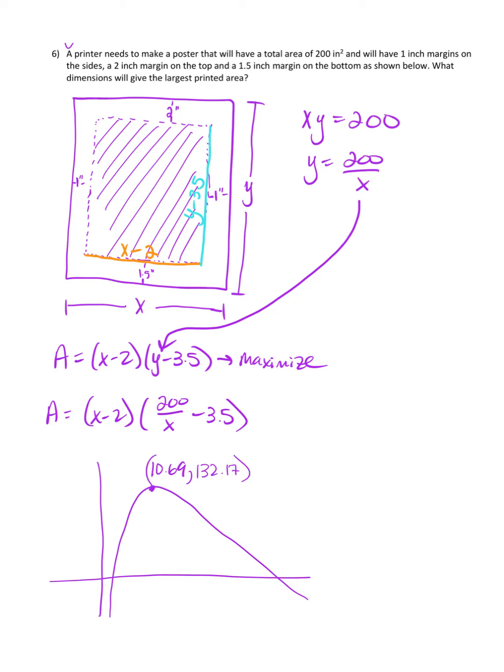Okay, and just to remind ourselves what that point means, this is X, this is area. So I know the X value that will give maximum area, and that maximum area in the printed region is 132.17.